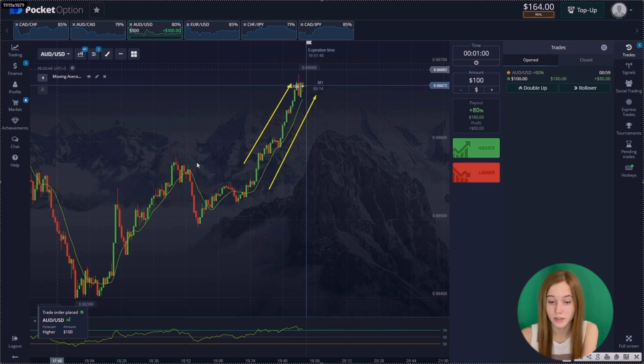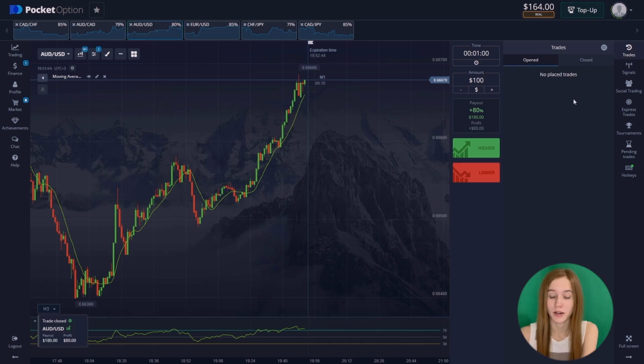Green bars, quite correct. So we opened correct. RSI in the down position because of a red candle. We are near the overbought zone. Yeah, great. Plus, deal profit is $80.